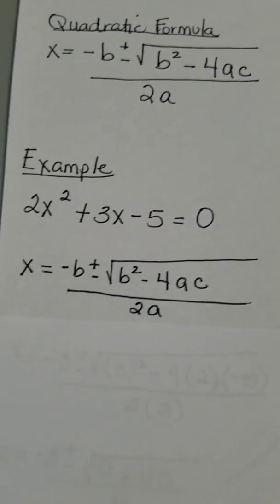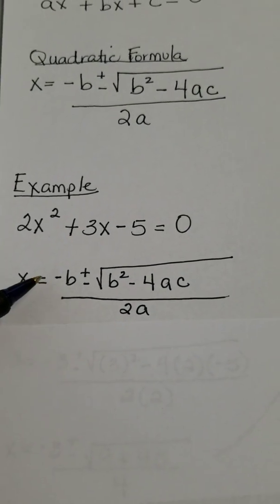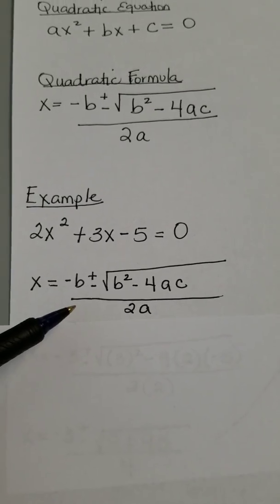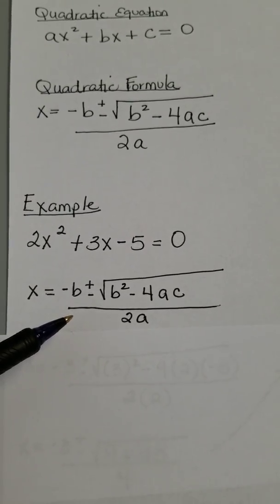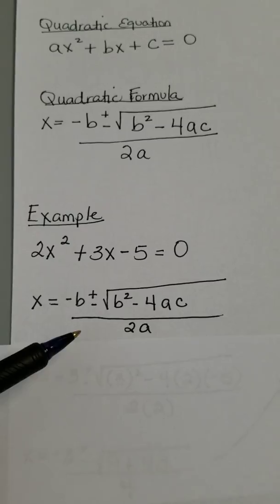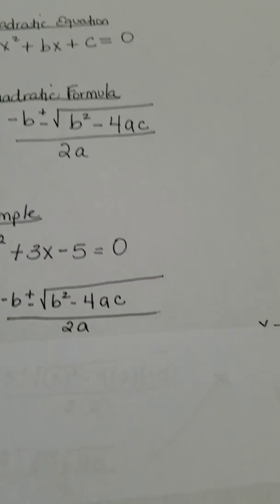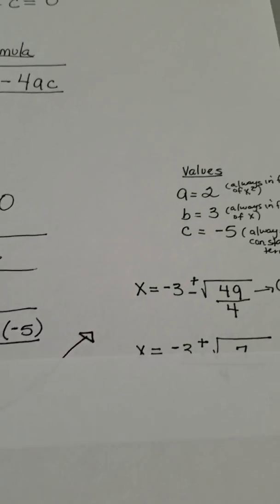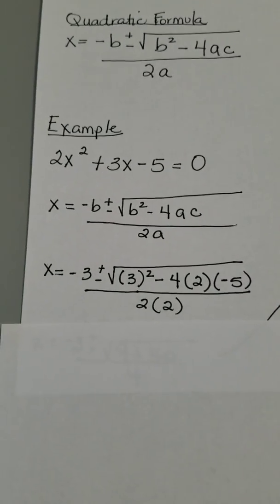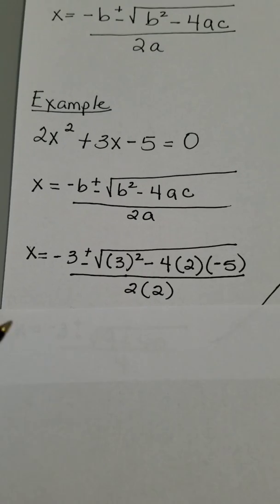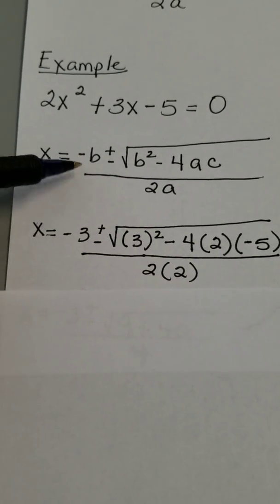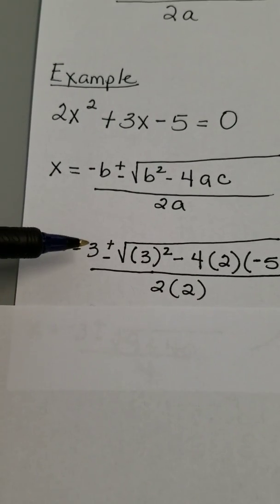So again, I wrote down my formula, which is x equals negative b plus or minus the square root of b squared minus 4ac, all over 2a. Then I'm just going to plug in my values here like so. So x equals negative 3, because we have a negative sign up here, so we have to bring down a negative sign.